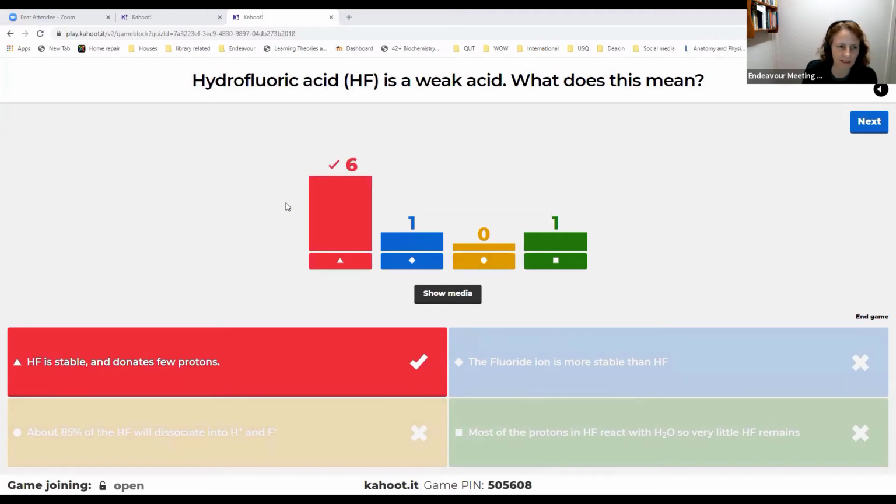But that would be the case if it was a strong acid. A strong acid is going to really want to donate its hydrogen, so it's going to dissociate, whereas a weak acid doesn't want to donate its hydrogen as much, and so it wants to hold it to itself. So you'll find that on average, a weak acid will only give away about 15% of its hydrogen.